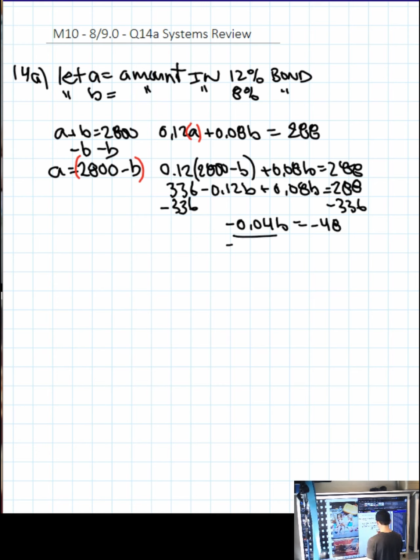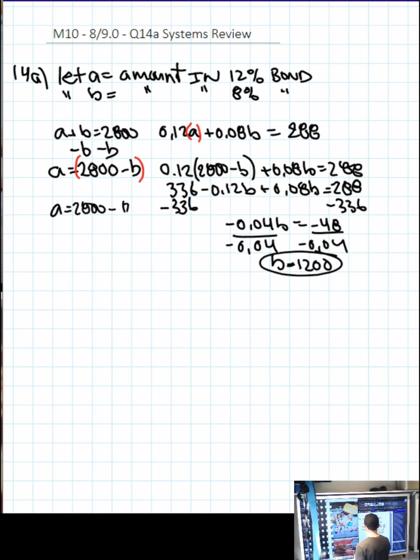And if we divide both sides by negative 0.04, we're going to get B equals 1200. Circle your answer. Substituting in the other equation, A equals 2800 minus 1200. Therefore, A equals 1600. Circle your answer.